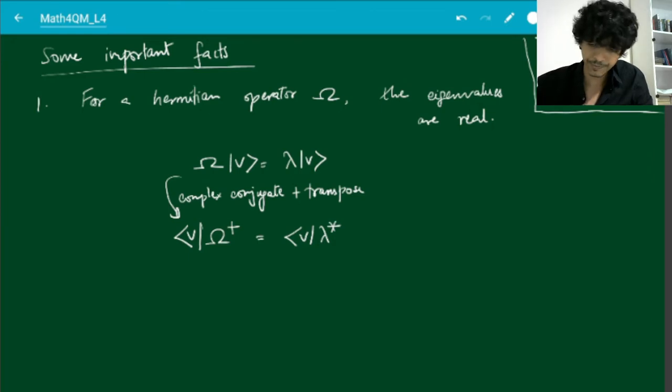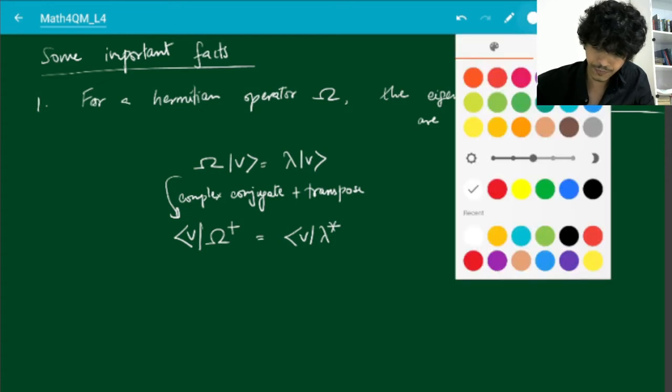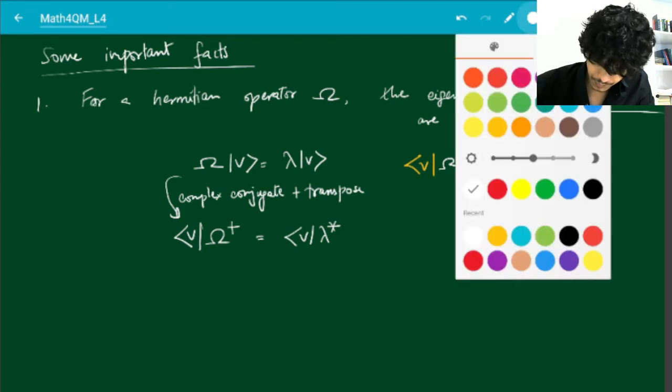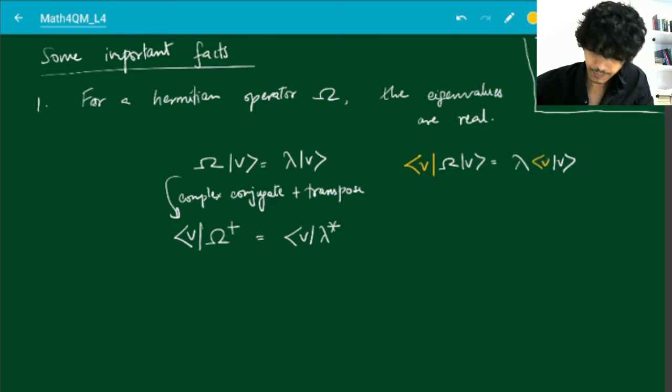and operators. Okay, so now let us take the inner product of the first equation with this bra v, and for this bottom equation, I'm going to take the inner product with ket v.